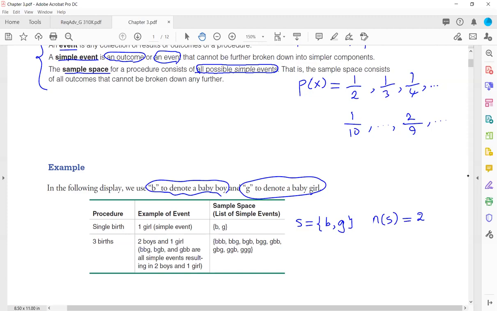The second procedure has a sample space S equal to this collection, which I'm just repeating here.